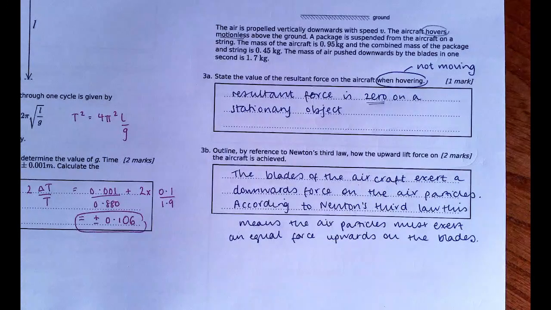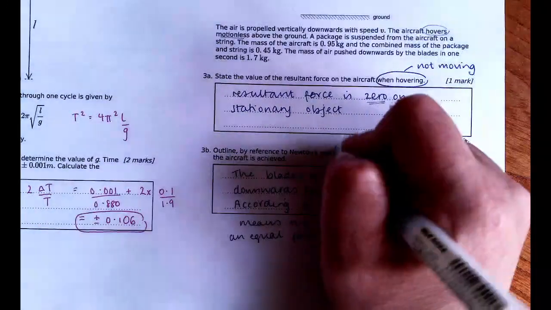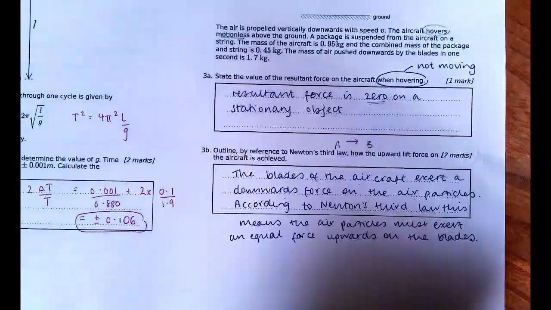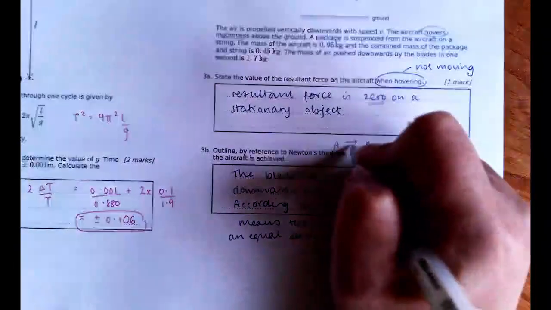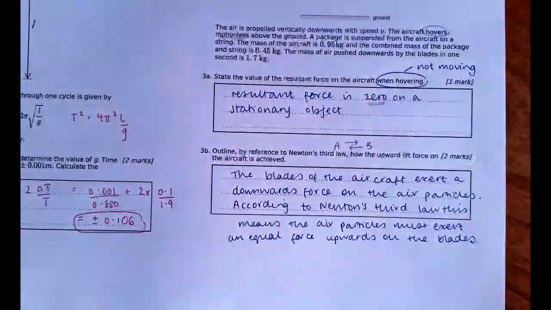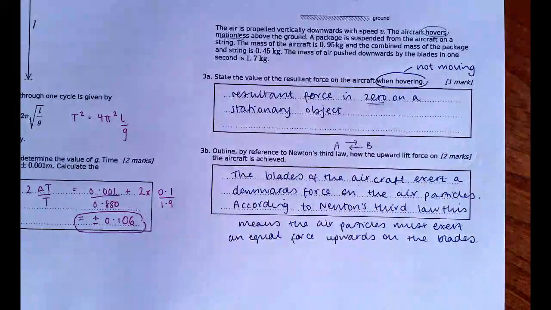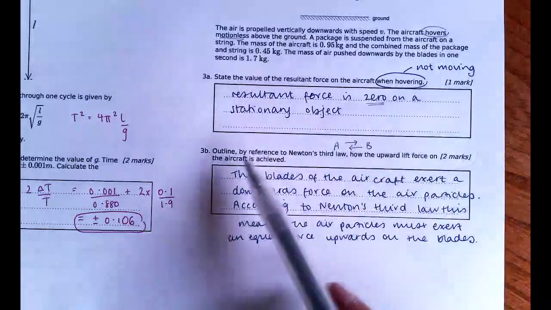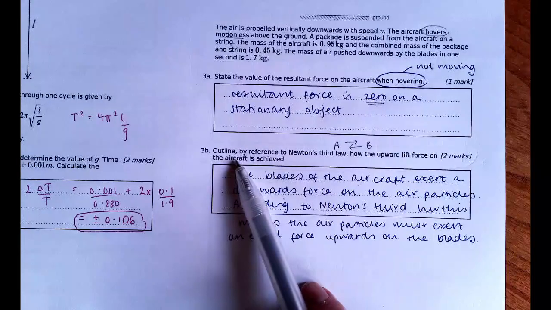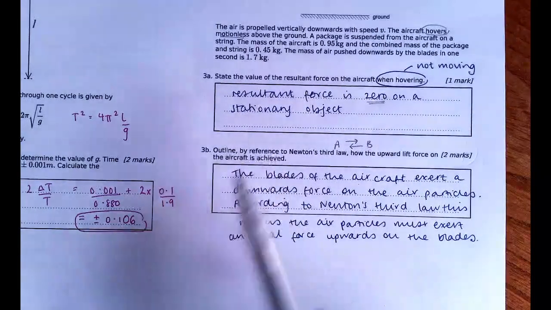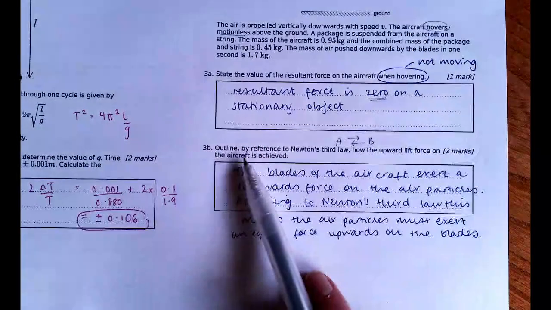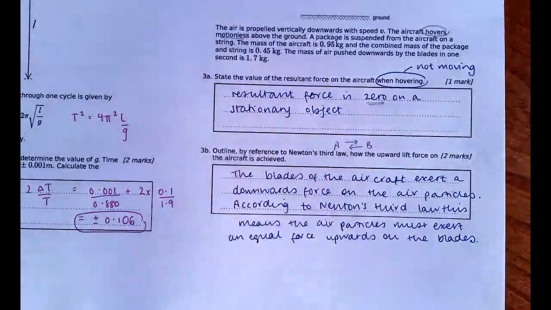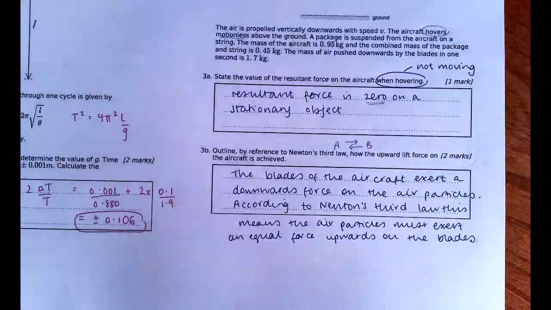Okay, now we know that Newton's third law says that if A exerts a force on B, then B will exert an equal and opposite force back on A. So if we're looking at the upward lift force on the aircraft, we have to think about the opposite force provided by the aircraft on the object that provided the lift in the first place, which is the air.